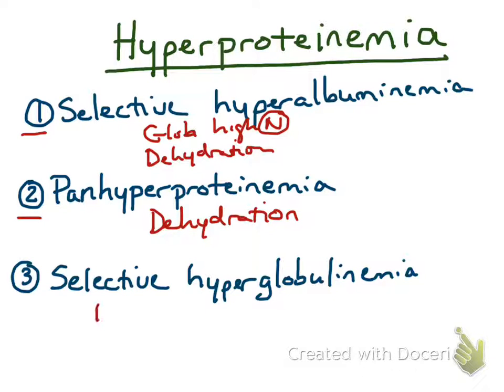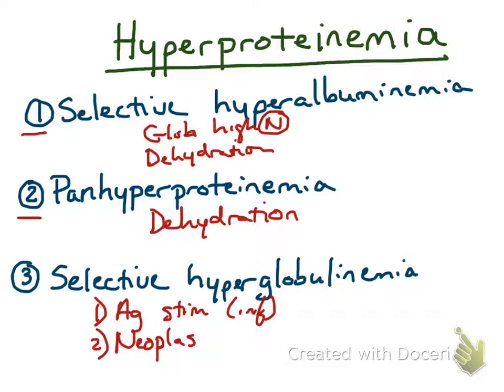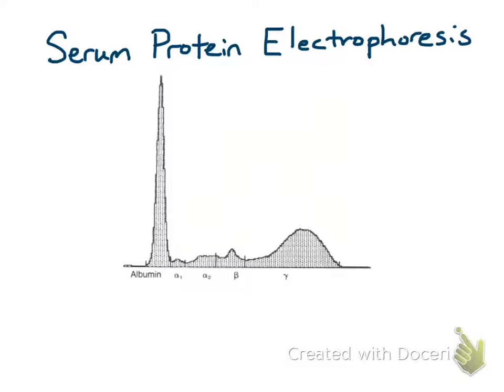The two main causes of selective hyperglobulinemia are antigenic stimulation or inflammation and neoplasia, and particularly lymphomas, B-cell lymphomas, or plasma cell neoplasms. So to better explain hyperglobulinemia, I'm first going to go over serum protein electrophoresis.